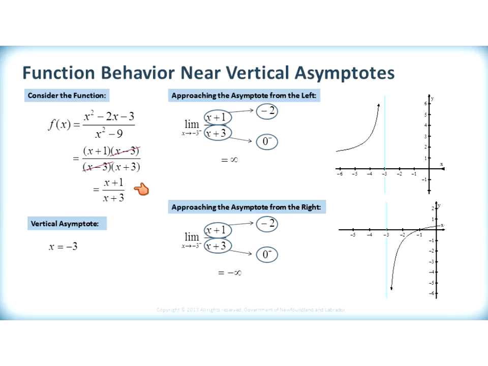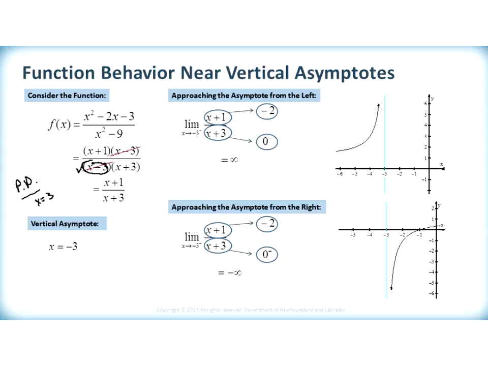Now we can talk about the details. So once we get there, we can say that because one of our factors canceled, that's this one over here that we got rid of, that's actually going to give us a point discontinuity or a removable discontinuity, whatever you want to call it. I'm going to call it PD for point discontinuity, and that'll be at x equals positive 3, because that is the non-permissible value that's associated with this factor.